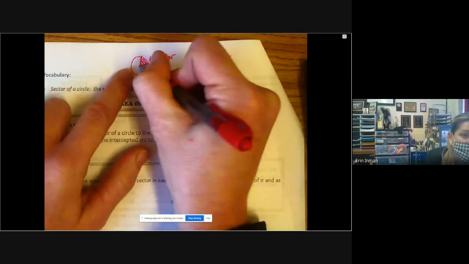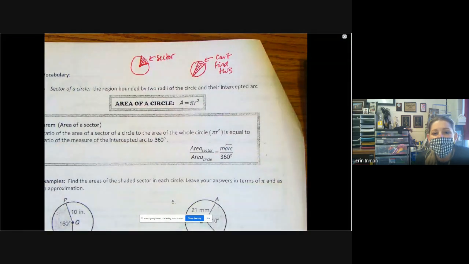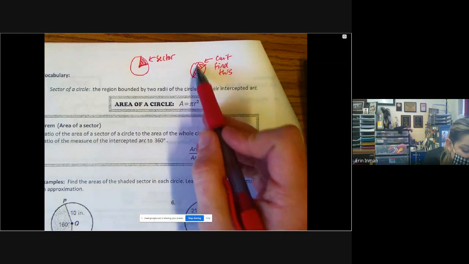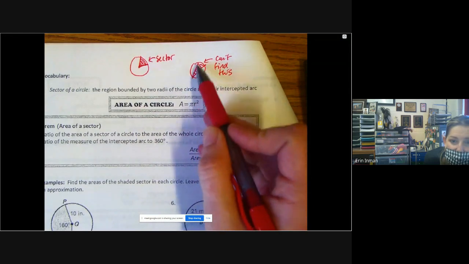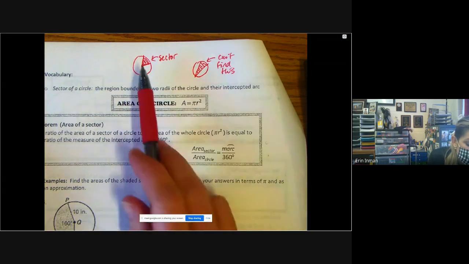So notice if you think of a piece of pizza, piece of pie, we can find this as long as it's bounded by two radii, a radius and another radius, whereas this is not bounded by radii, these are just two chords, okay?